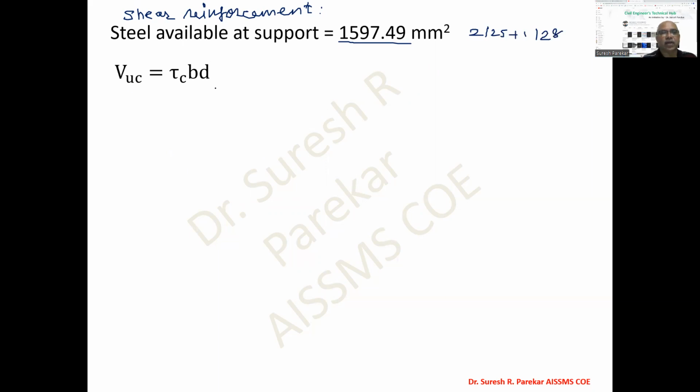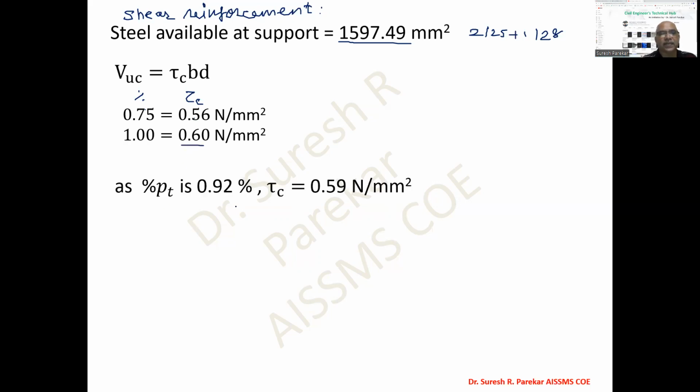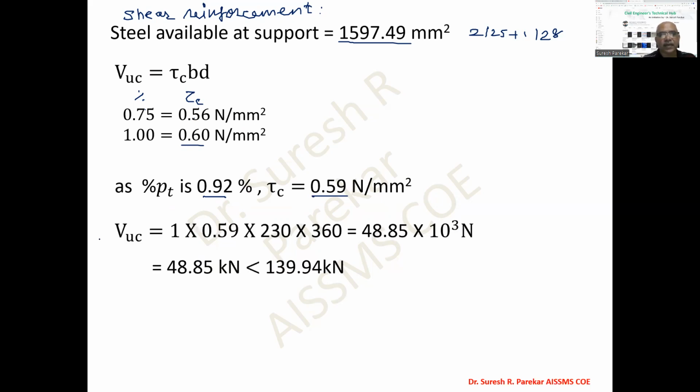For VUC, we have tau C. For a percentage of steel of 0.75, tau C is 0.56, and for 1% it is 0.6. By interpolation, for 0.92 we get 0.59 Newton per mm square. Substituting these values in VUC, we get 48.85 kilonewton.